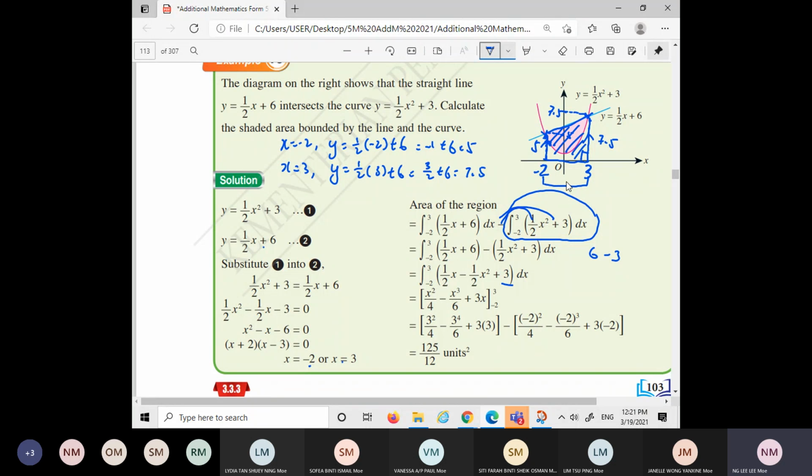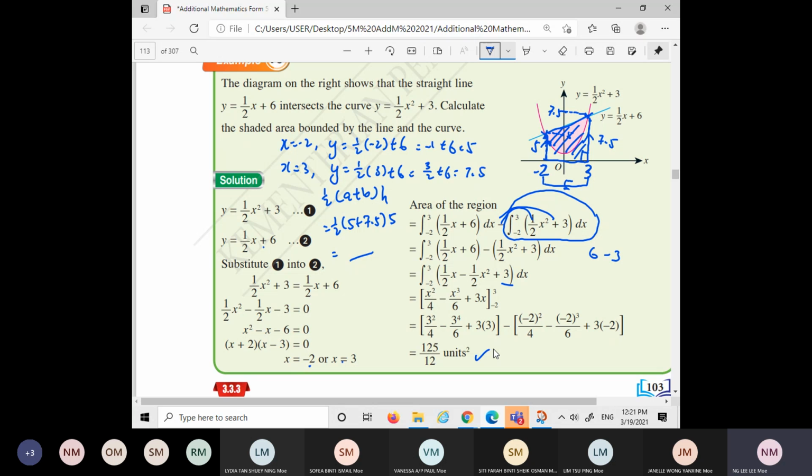So this is 3, this is 2, again this is 5. The formula of the trapezium is half times (a plus b) times h. The a here is 5, the b here is 7.5. A and b are parallel, and h is the length that makes 90 degrees with a and also b. So h is 5. Then you get the answer. Then this answer minus this integration, and you will get the same answer as before.